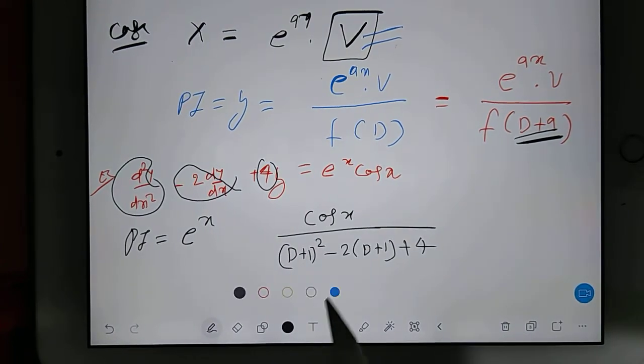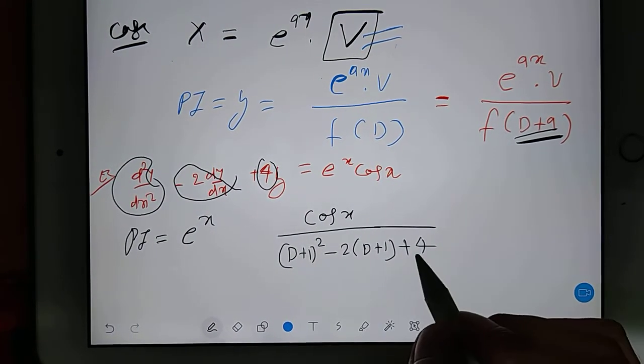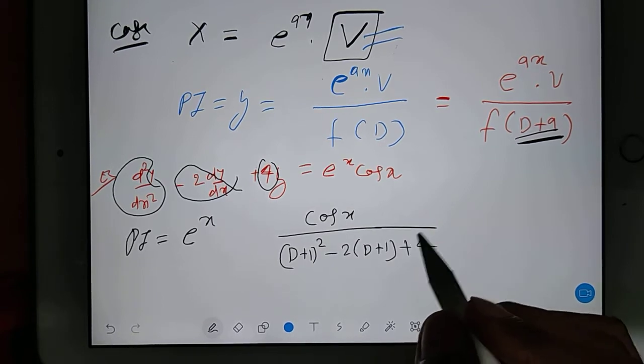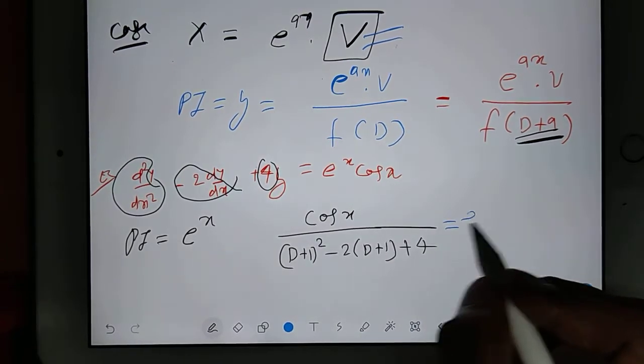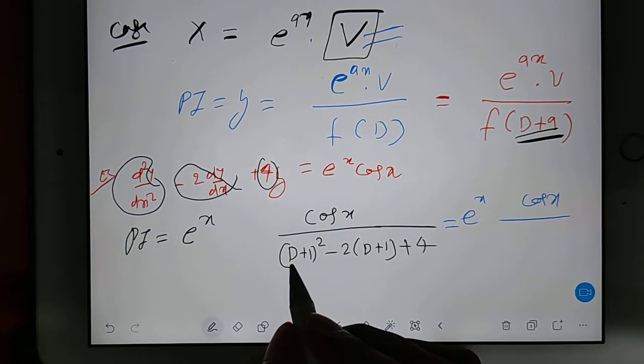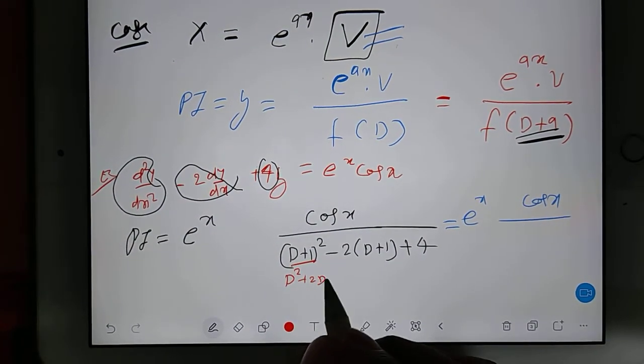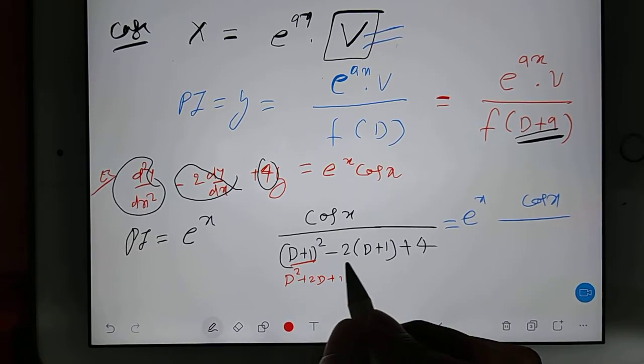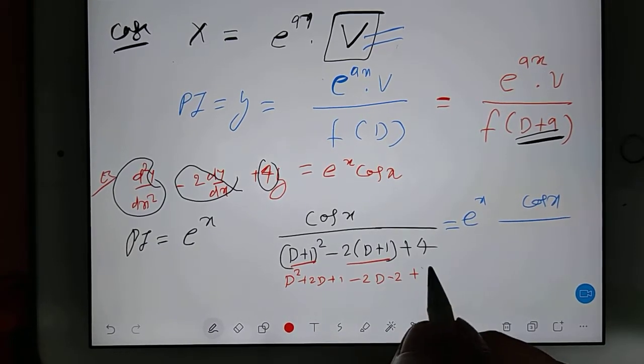Okay. So now you will open this and few things will get cancelled, and e power x cos x. If you open this, you'll be getting D square plus 2D plus 1, and when you'll be opening this, minus 2D minus 2 plus 4.